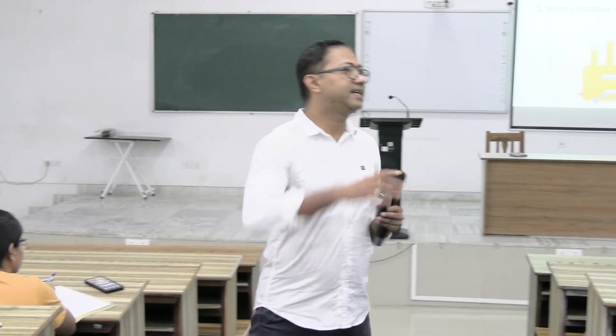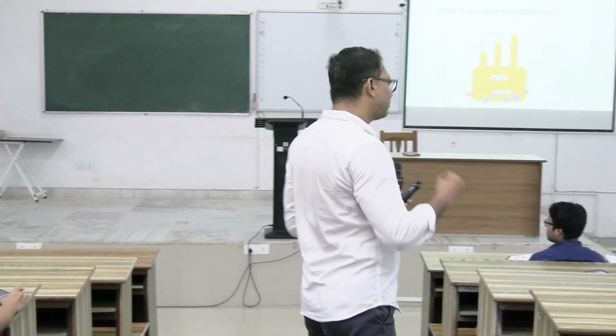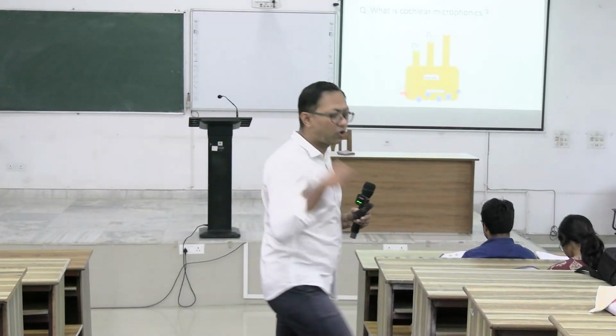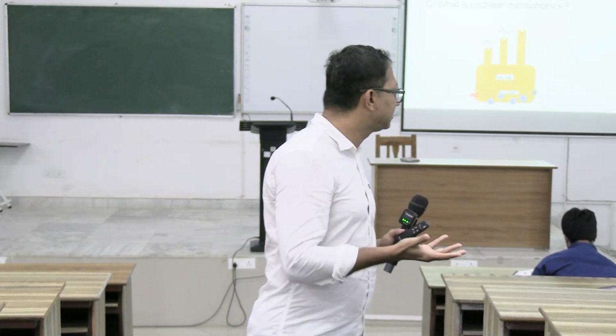So what type of deafness is it, conductive deafness or sensory neural deafness? If there is any disease or problem in the middle ear, it is conductive deafness. Also wax in the auditory canal, what type of deafness is it? Conductive deafness.